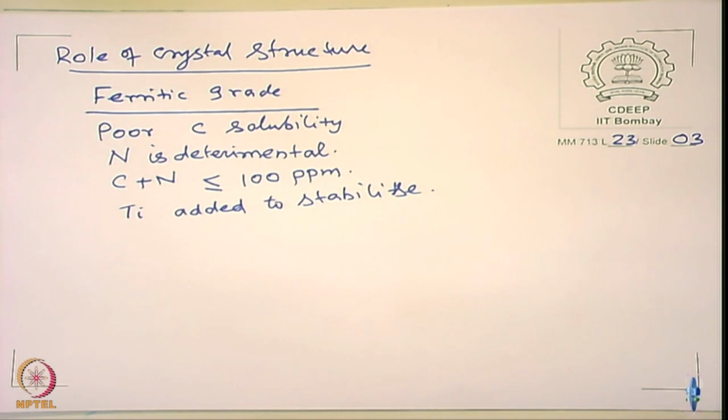But there is always a problem in the low carbon varieties, right. When you weld, you can pick up carbon from the surrounding. Suppose you have some grease or something, right? You weld it, the grease gets converted into carbon when you strike an arc and carbon gets into the material, right?